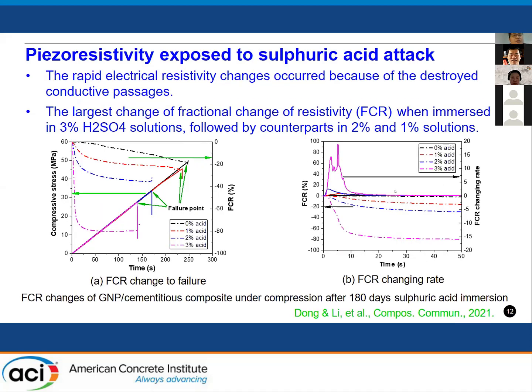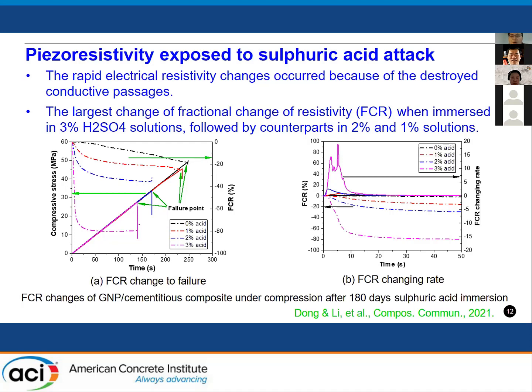Now let's talk about the electric resistivity changes of the specimens. Firstly, as we can see from this figure, all the specimens experienced a reduction in the resistivity under compression, and then when the stress reaches the ultimate compressive strength, we can see there is a sharp increase in the resistivity.